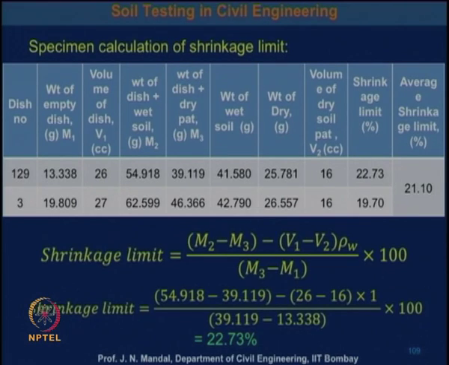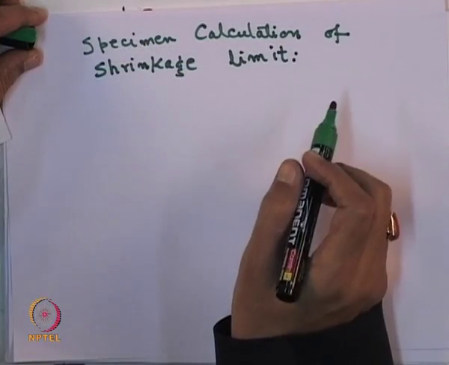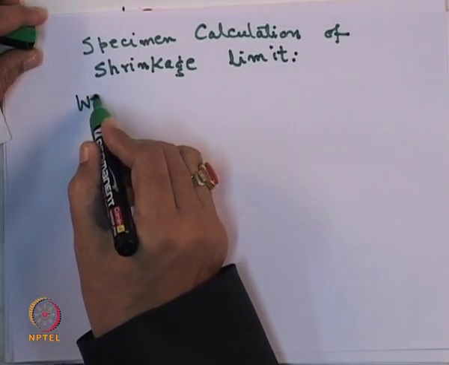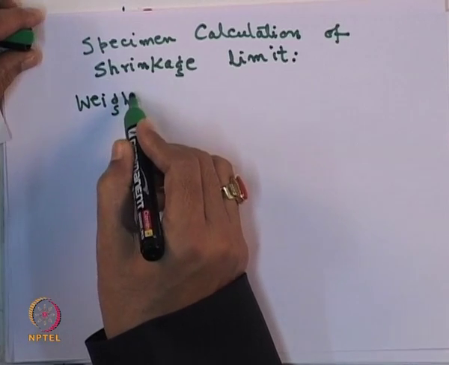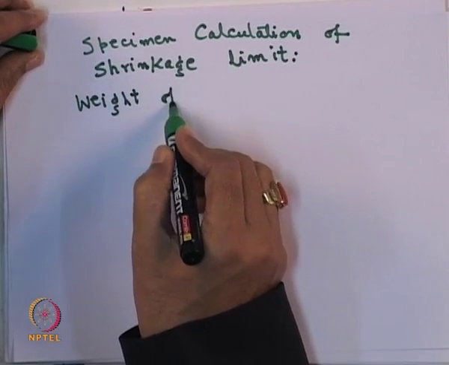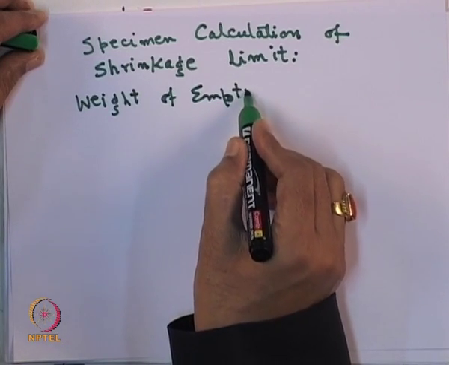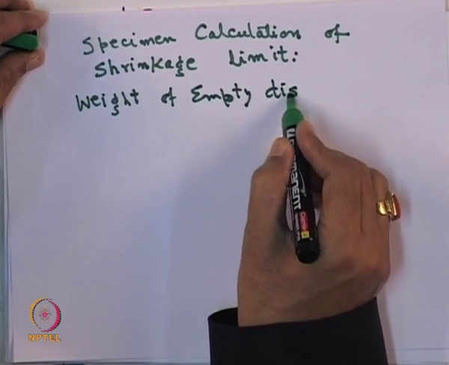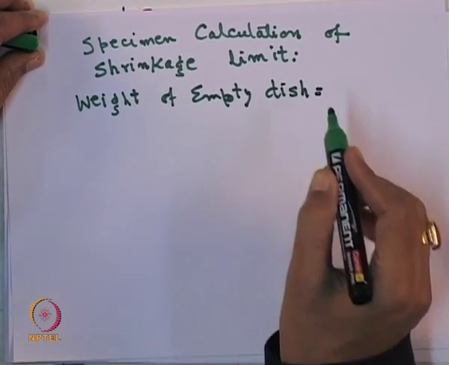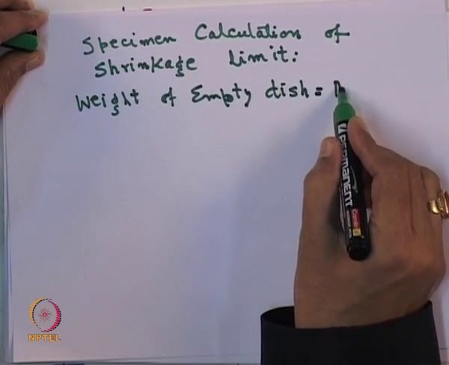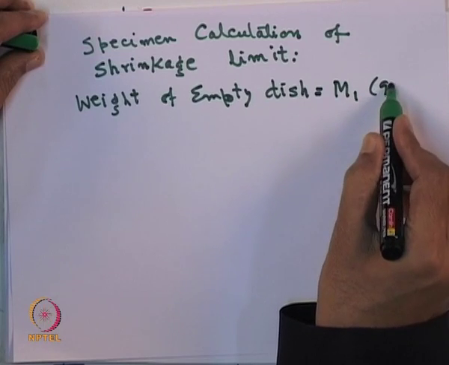First of all, you have to take the weight of the empty dish. Let us say the weight of the empty dish is m1, in gram.